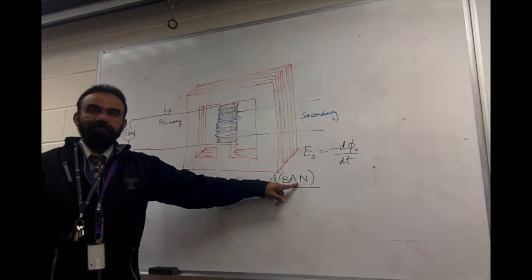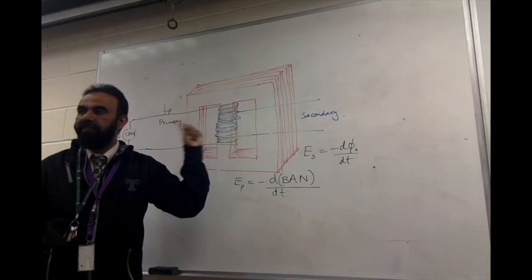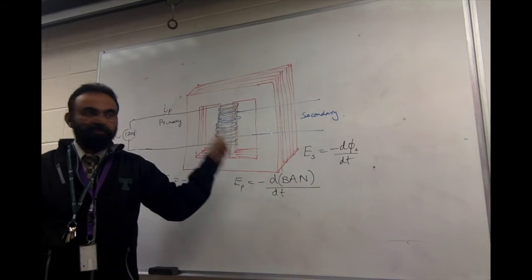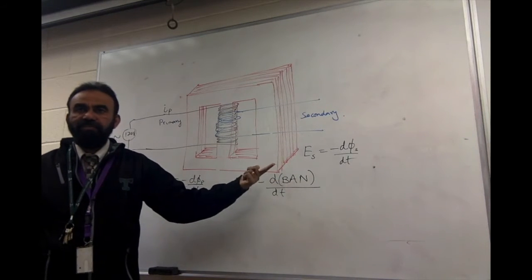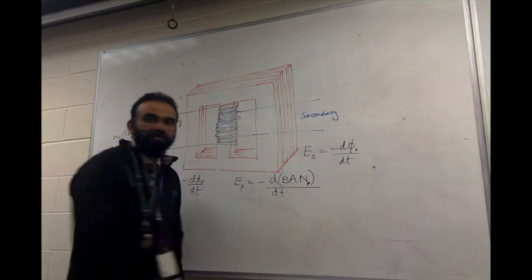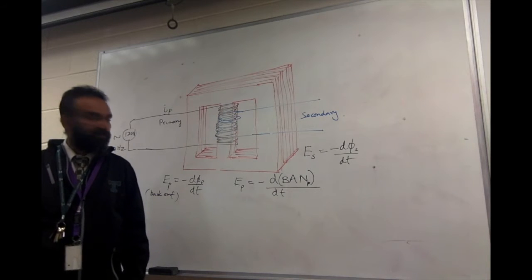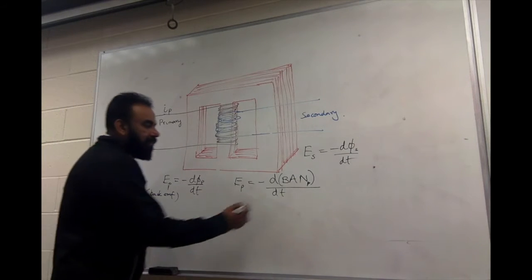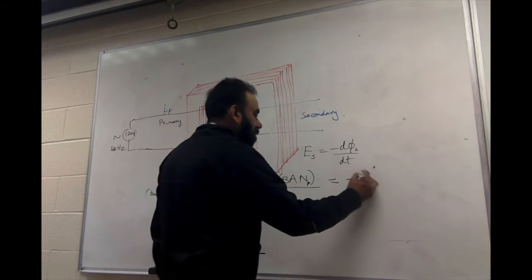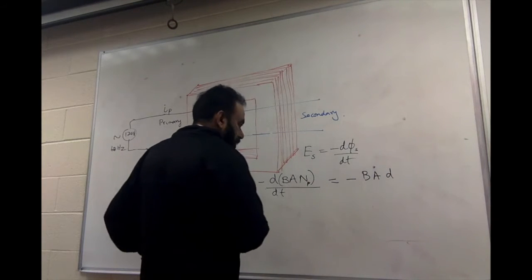Now area and the magnetic field, they're common for both wires. Do you see it? Magnetic field and area are just constants for this transformer. But this is different. The number of turns in the primary, it depends. So this equation becomes minus A NP dB over dt.